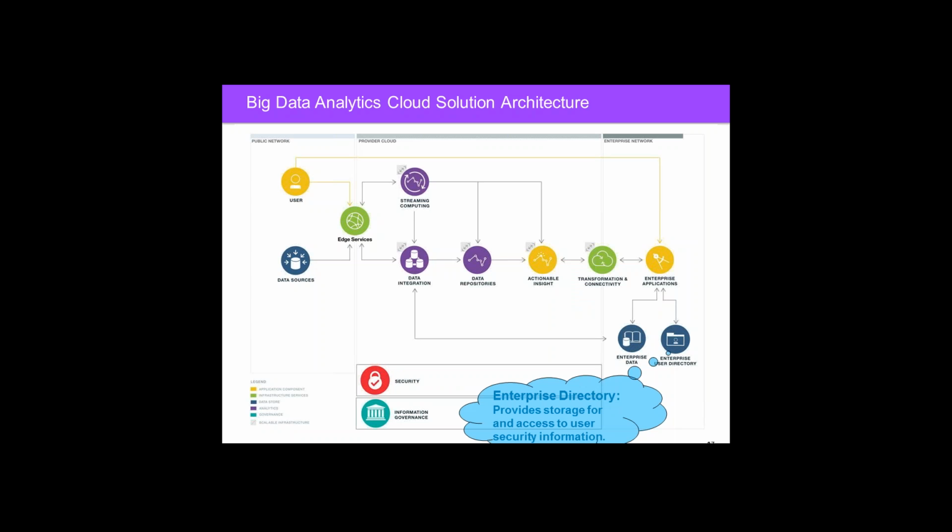So I talked about the enterprise data. Another critical component that will continue to sit within the enterprise network is the enterprise user directory.